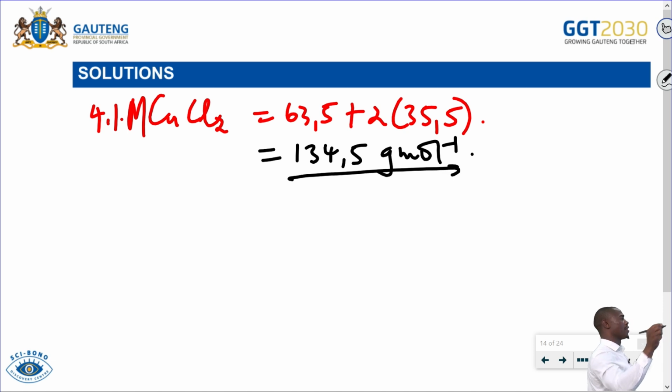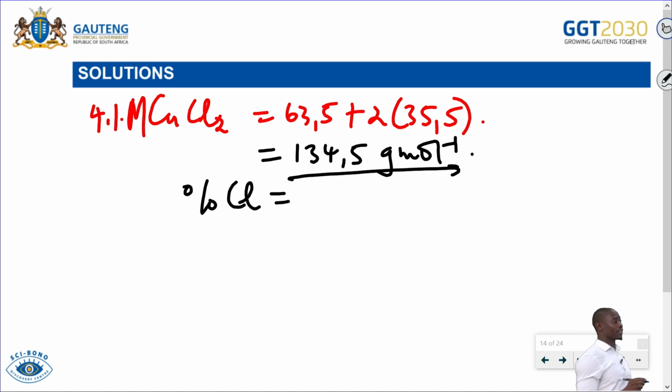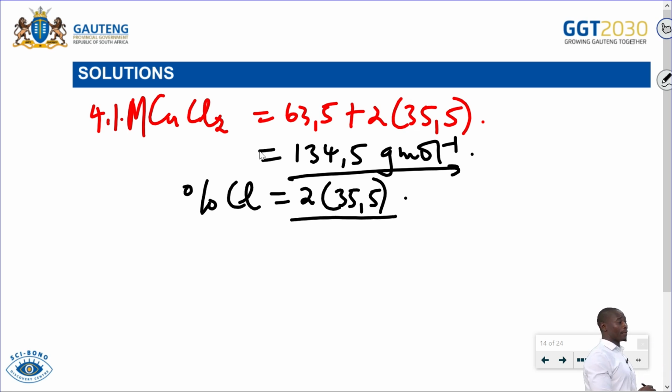Then from here, we can calculate the percentage of chlorine. There are 2 chlorine atoms, so it's 2 times 35.5, divided by the molar mass of the whole compound, which is 134.5, then multiply by 100.